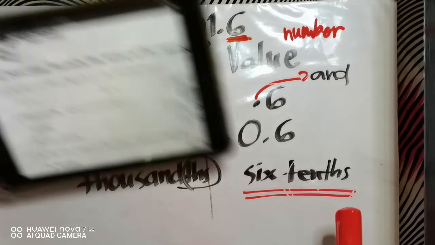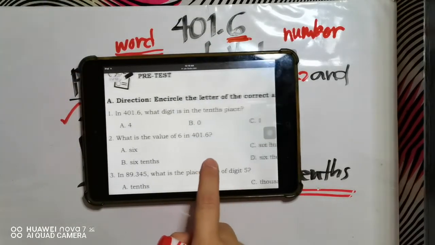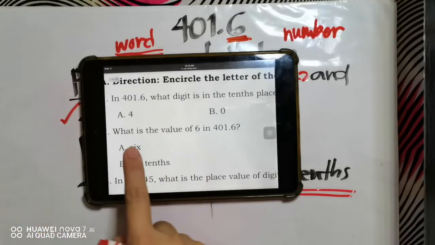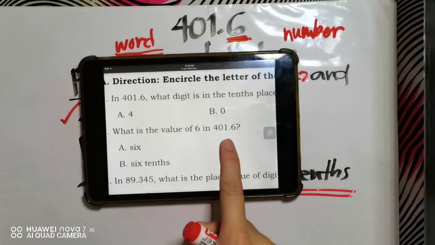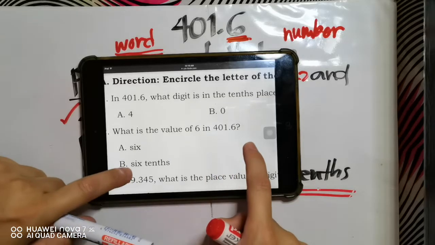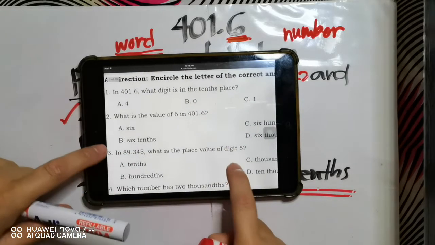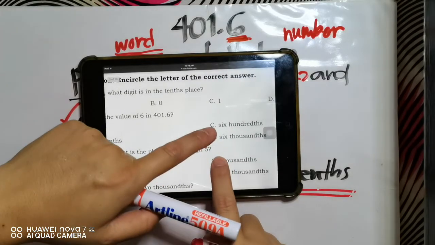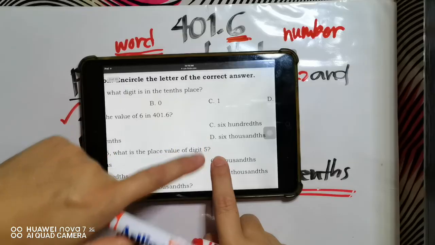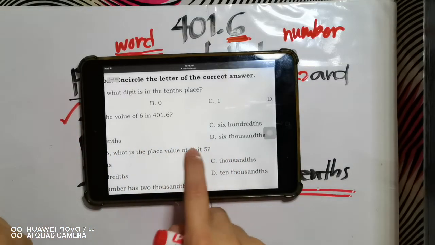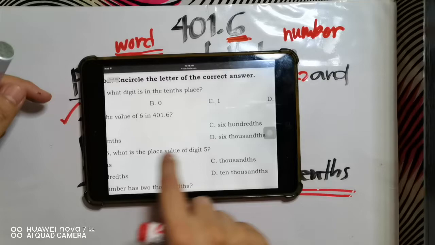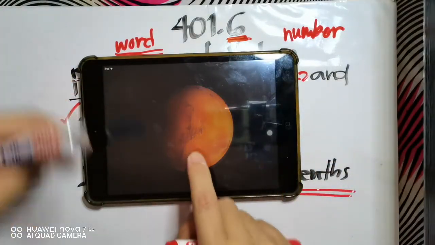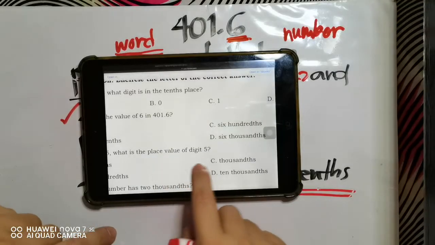So in the example natin dito, what is the value of 6 in this number? So the choices are 6, 6/10, 600s, 6,000s. The answer there is yung 6/10, which is letter B. Okay?